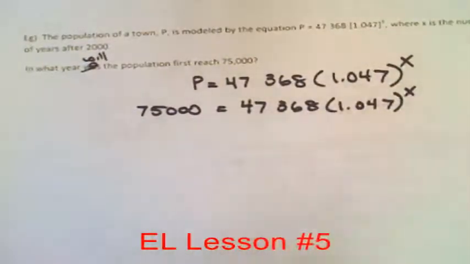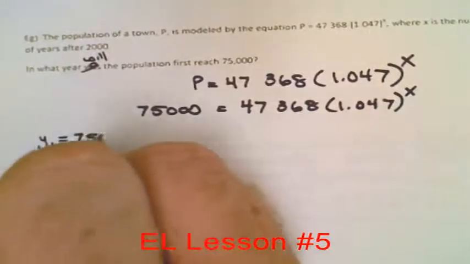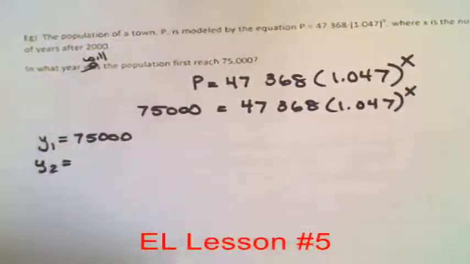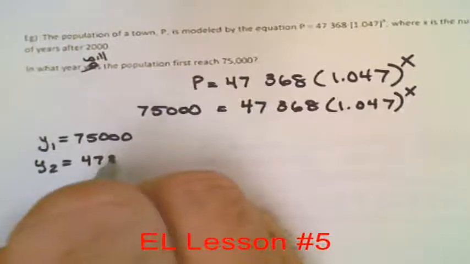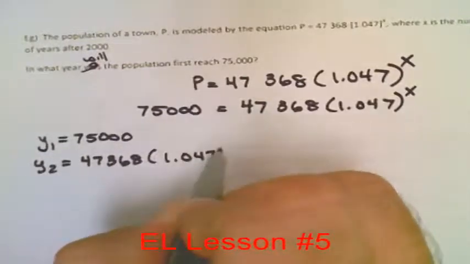So I'm looking at this equation, and I'm just going to rewrite it here for a second. I've got P equals 47,368 times 1.047 to the power of x. And it wants the population to be 75,000. So I know I've got 75,000 is the P, and it equals 47,368 times 1.047 to the power of x. Now I could do this algebraically, and honestly I'd prefer it if you did.